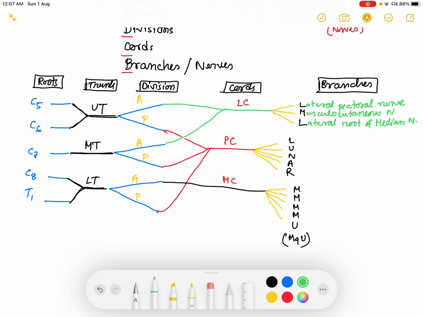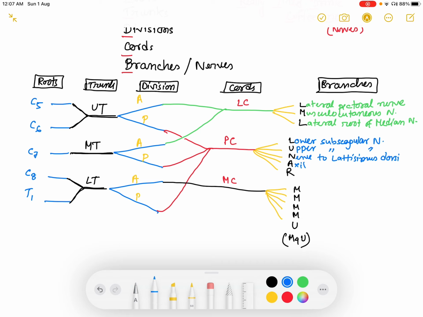Then what are the branches of the posterior cord? L for lower subscapular nerve. U for upper subscapular nerve. N for nerve to latissimus dorsi, that is also called the thoracodorsal nerve.